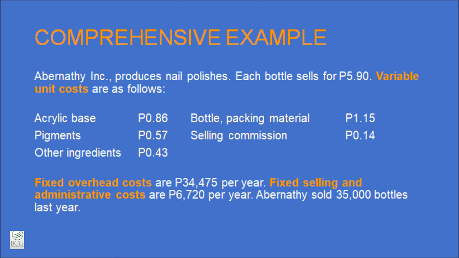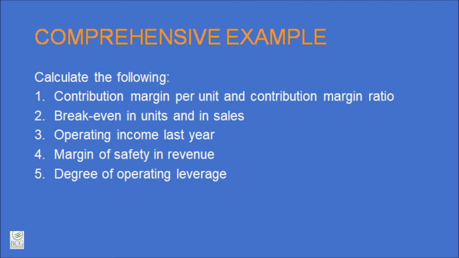Now we are given the following. So we are required to calculate the contribution margin per unit and ratio, break-even in units and in sales, operating income last year, margin of safety in revenue, and degree of operating leverage.